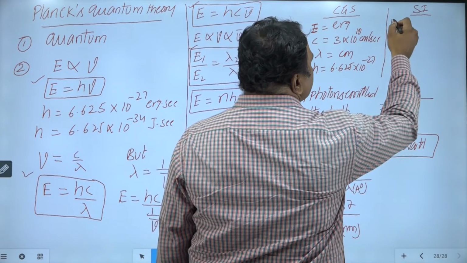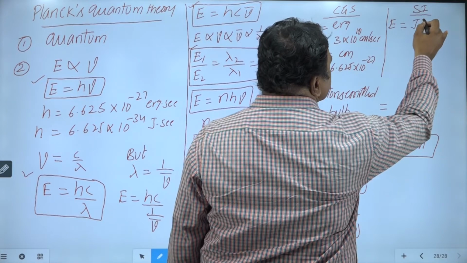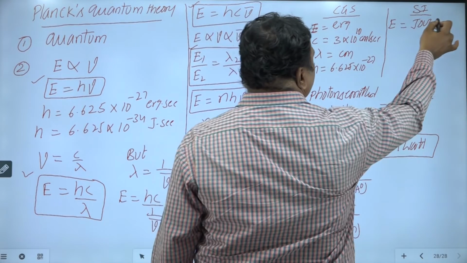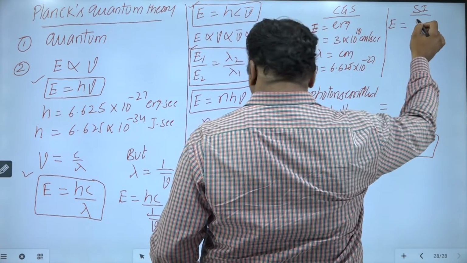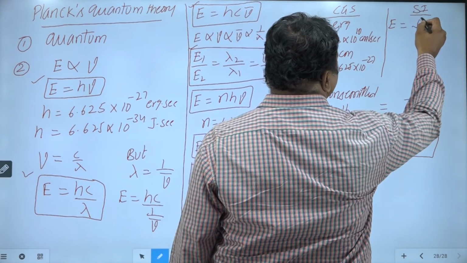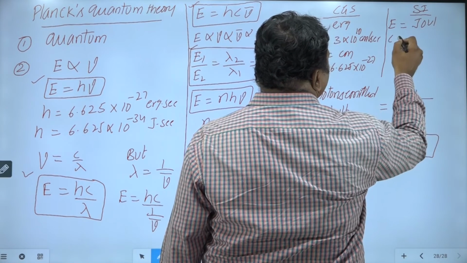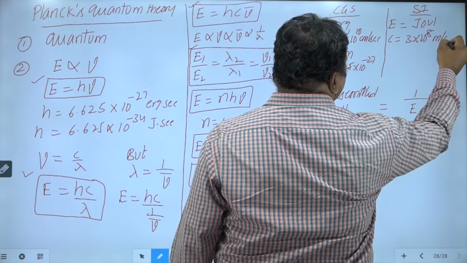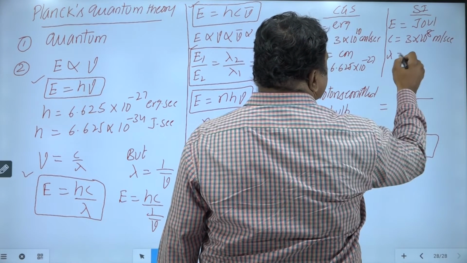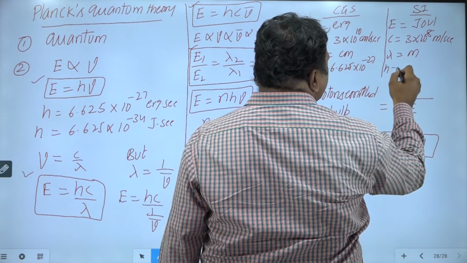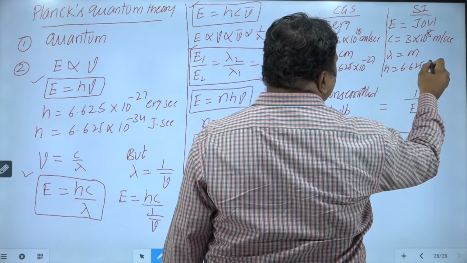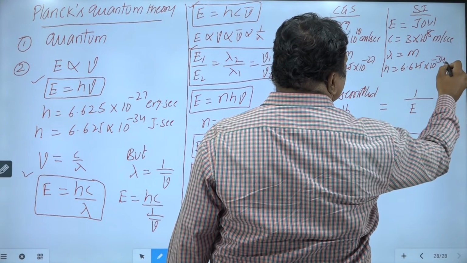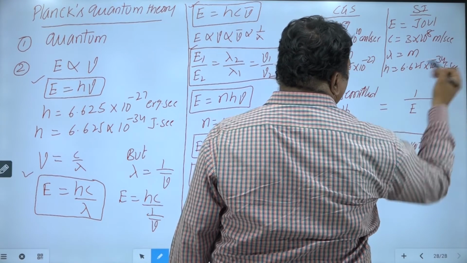Suppose we have to calculate energy in joules. Then the value of c is 3 into 10 power 8 meter per second, and wavelength must be converted into meters. h is 6.625 into 10 power minus 34 joule second.